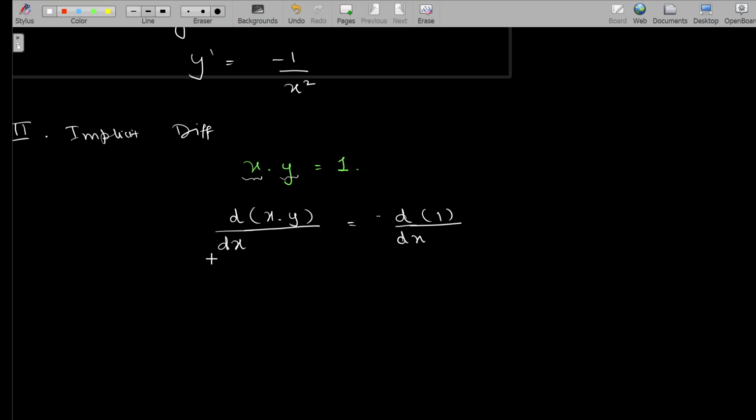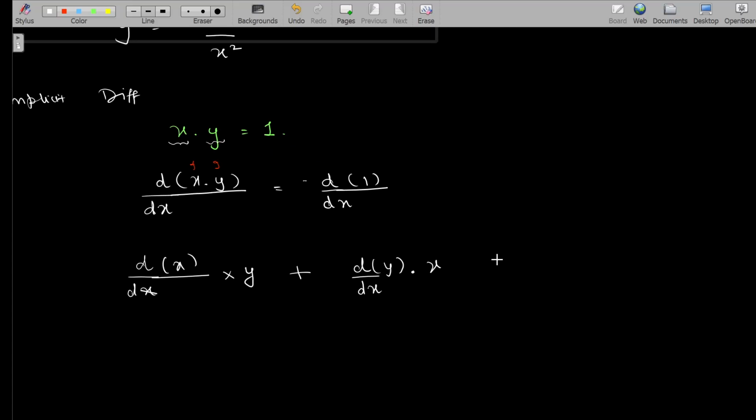f prime of x times g of x plus g prime of x times f of x. So if this is your f and this is your g, you'll get the derivative of x, you can write it d by dx of x, times y as it is, plus the derivative of y times x as it is.